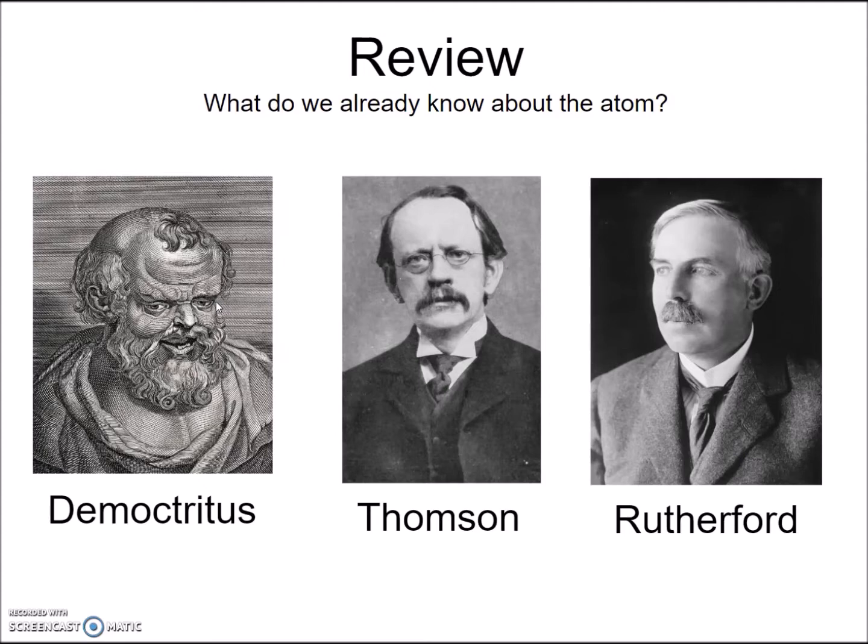So Democritus was working hundreds of years before Christ, so BC, and his idea of the atom lasted well into the 1800s. It was only late in the 1800s, 1895 or 6, that the character in the middle here, J.J. Thomson, produced evidence that there's something smaller than the atom, or at least within the atom there are small movable charges.